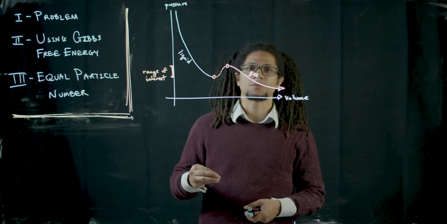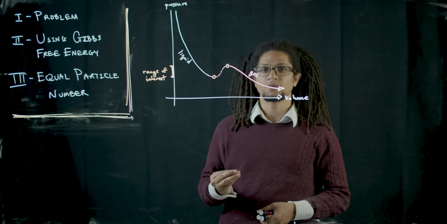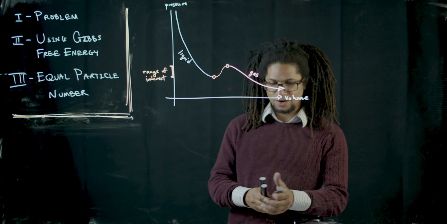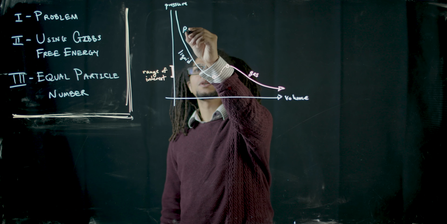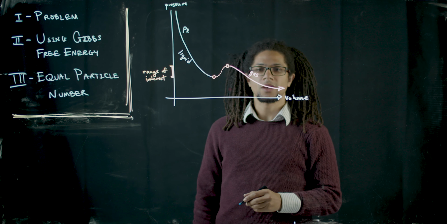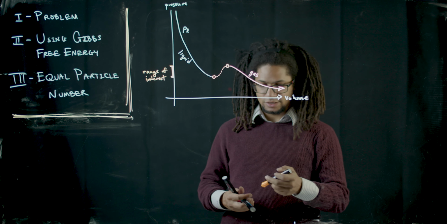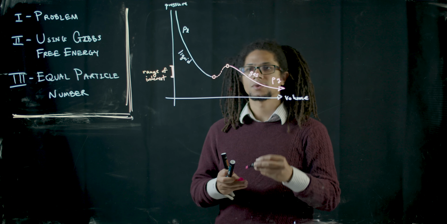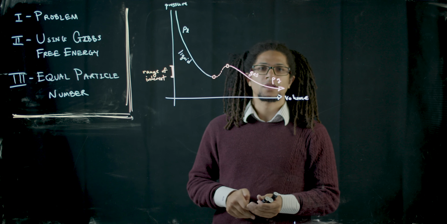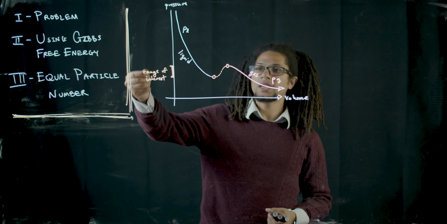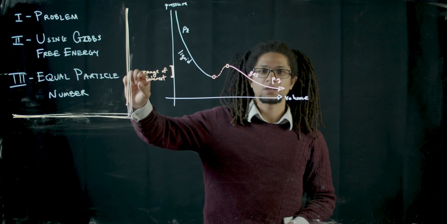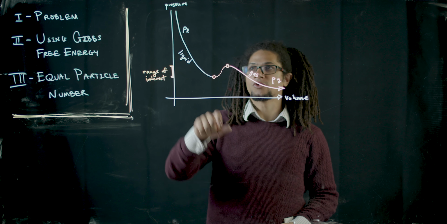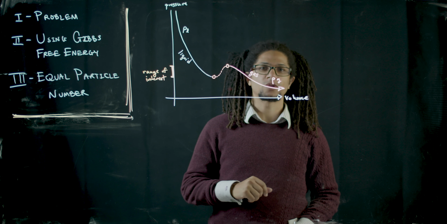So what I've done here is I've drawn two full curves for the liquid phase and the gas phase. In other words, I've written one curve that's P liquid and a second curve that's P gas. Now notice that for any P in this range of interest, we'll have one solution for volume for the liquid phase and a different solution for the gas phase.